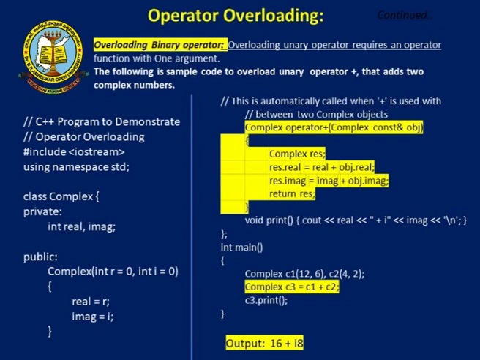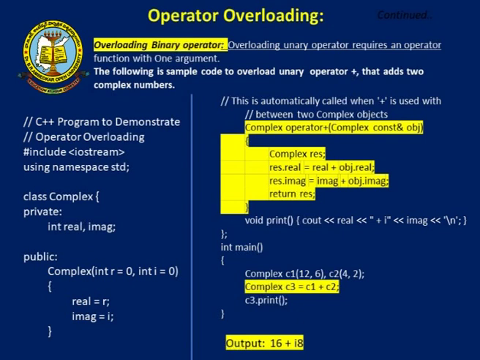Next, the highlighted portion here is the operator function. We are defining one operator function for overloading one symbol, that is the binary plus. So to overload any operator, we have to use an operator function, and it is going to return the complex type. It is a class type actually. So the return type is complex, and the symbol I want to overload is plus.